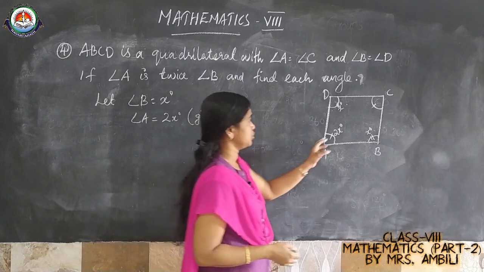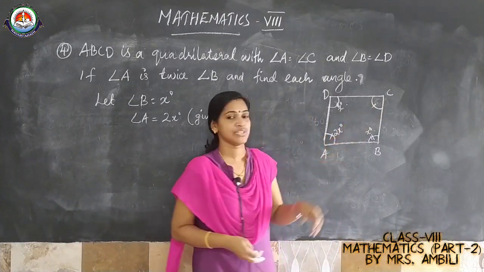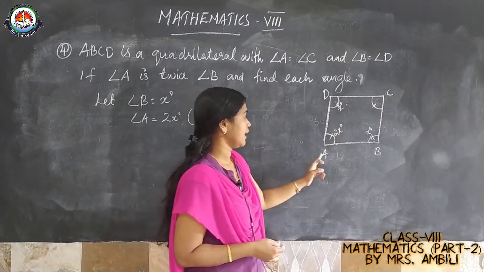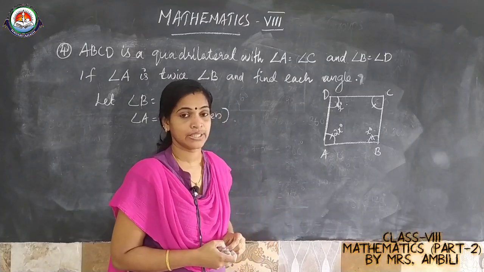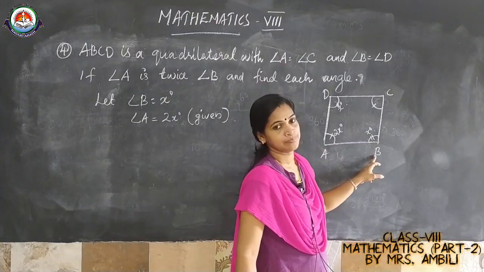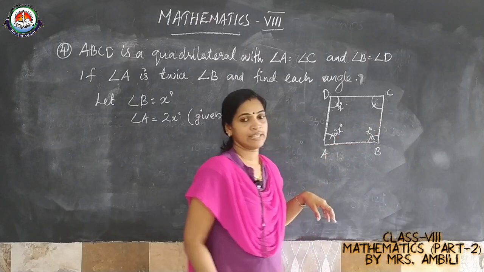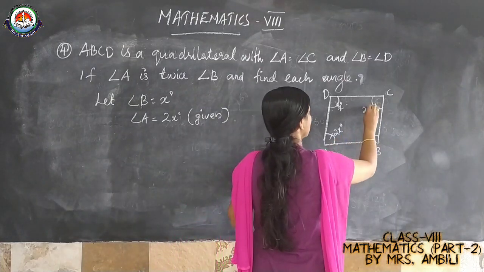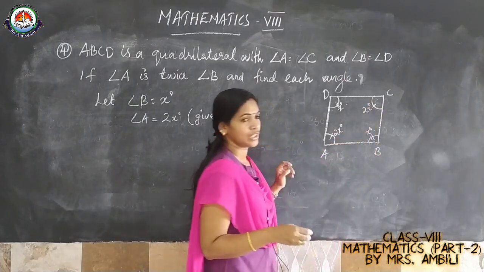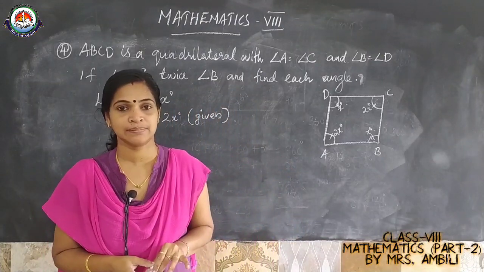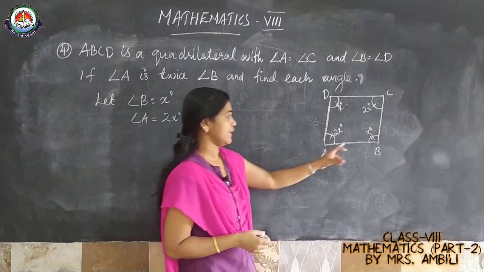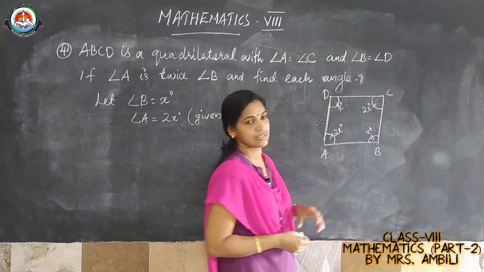What about the other two angles, that is angle A and angle C? Angle A we got 2x degree, that is twice of angle B. So, what about angle C? Angle C also 2x degree. Now, we got all the four angles, 2x degree, x degree, 2x degree, x degree.